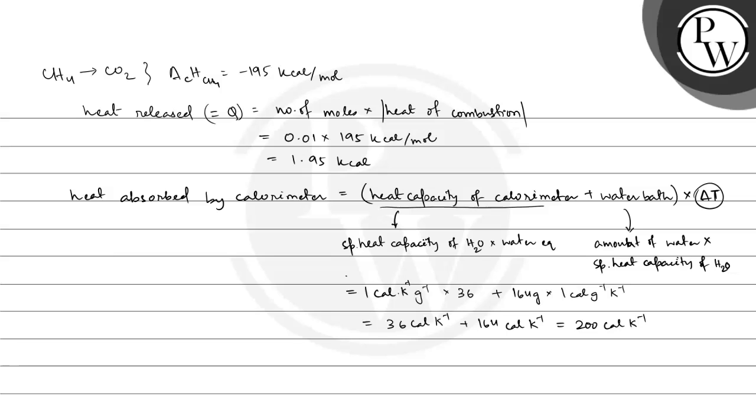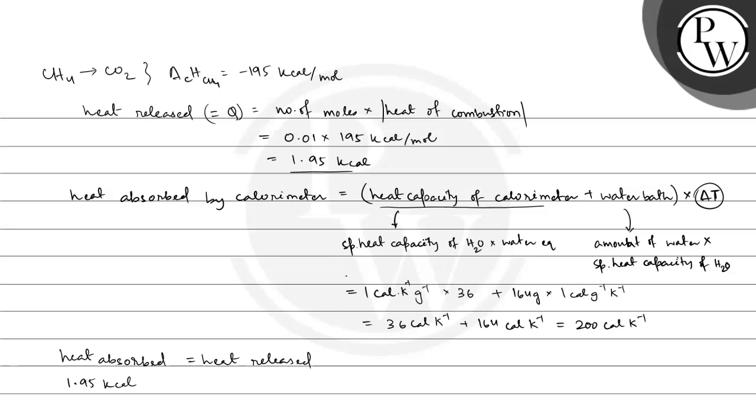So heat absorbed is equal to heat released. All right, this is the fundamental formula of calorimetry. So heat released is 1.95 kilocalorie.